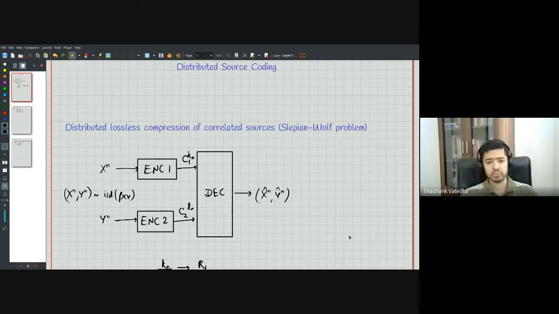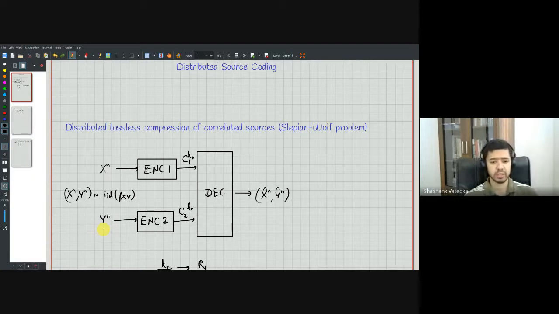Right? But now let us suppose that you have two senders who have files of their own. So you have sender 1 who has, let's say, x^n, and sender 2 who has y^n. One way to think about this is, let us say that you have two sensors which are placed on the field and they're making some measurements.